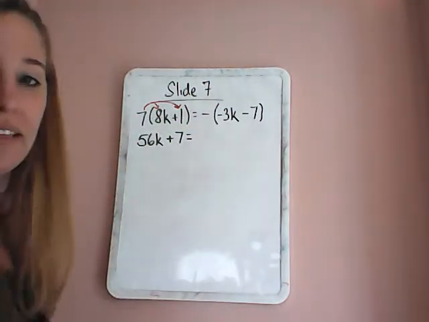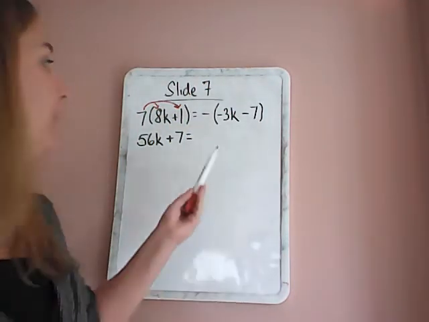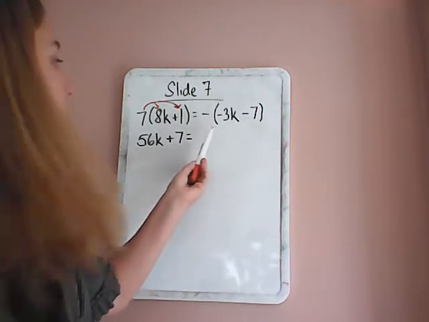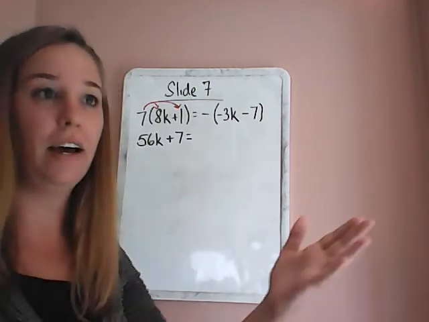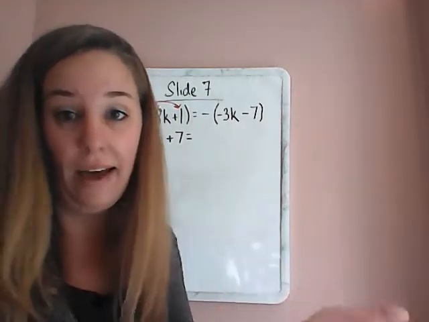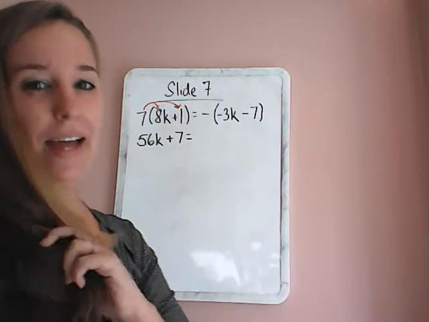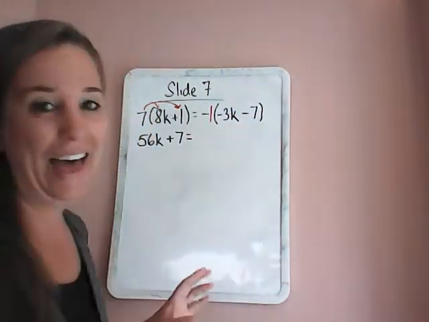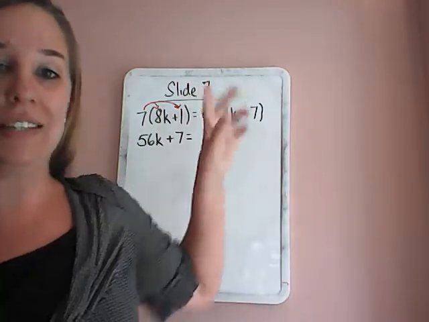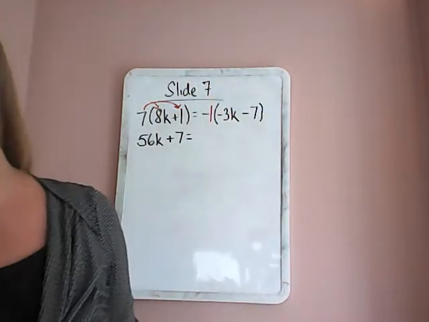And then on the right, that's where it's a little weird. You just have this negative hanging out here. Just like when you have a negative x, it's really a negative 1x. If you want, you can make this a negative 1, and that'll help you distribute this negative into the problem.